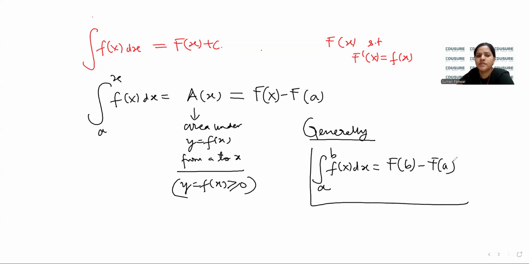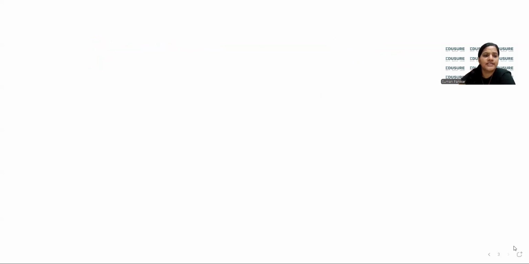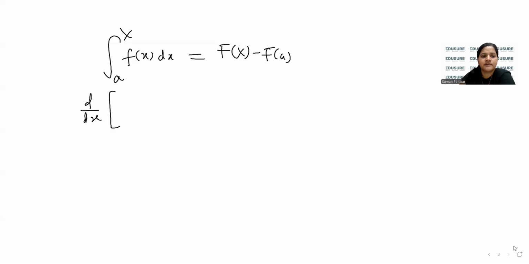Okay. So now we have the differentiation rule. You can see that the integral from a to x of f(x) dx is equal to capital F(x) minus capital F(a). If you differentiate this, you are going to get F dash x minus 0 because F(a) is a constant.